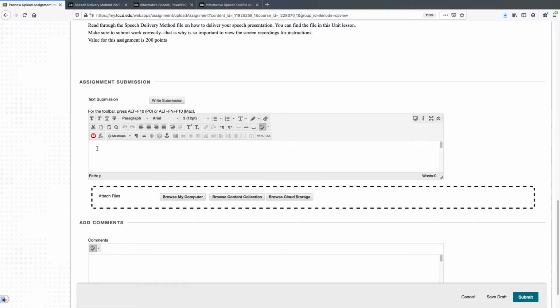So again, your YouTube informative speech link right here, and click on Browse My Computer. Search for where you have saved your PowerPoint, open up the file, and then attach it, and it should be right here. And then click on Submit.